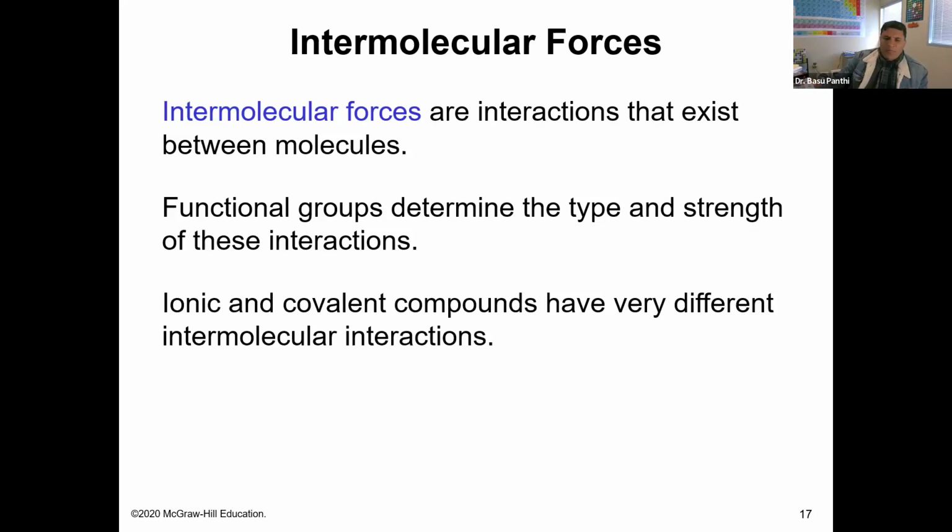The water molecule is H-O-H. Yes, right? But we don't drink that one. These are covalent bonds. How does this molecule bond with the other water molecules, or how do they come together? That's the intermolecular forces. That's what we are talking about. Okay, we'll talk in detail.